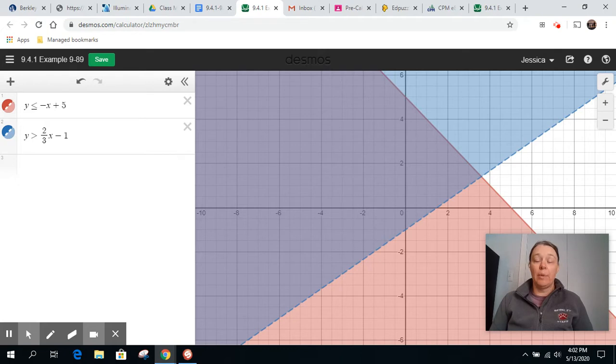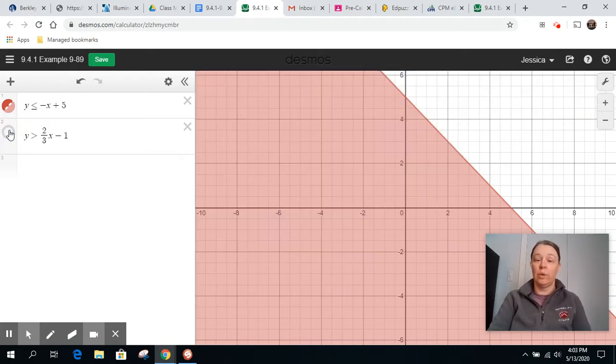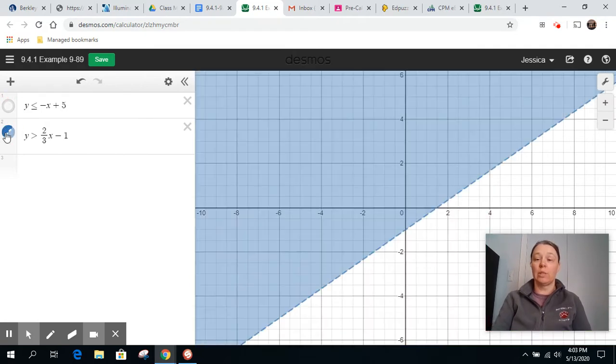That's the overlap between those two sections. If I turn off the blue, there's just that one graph, that one inequality. If I turn that one off and turn this one on, here's my other, everything greater than 2/3 x minus 1.